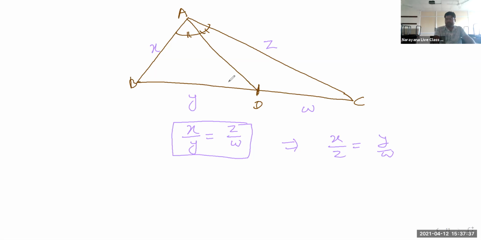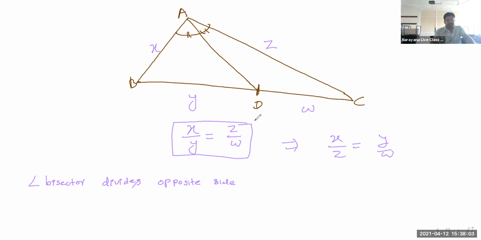Okay, so in words, we can write that the angle bisector divides the opposite side. Opposite side means what?